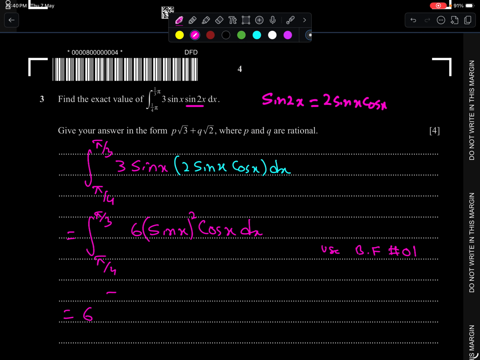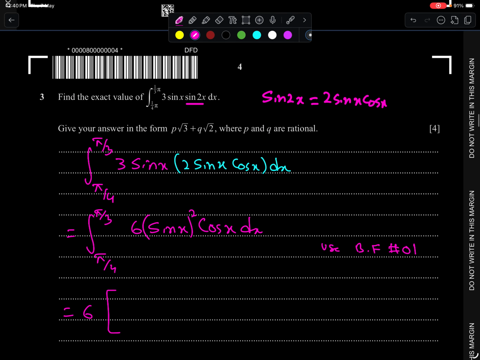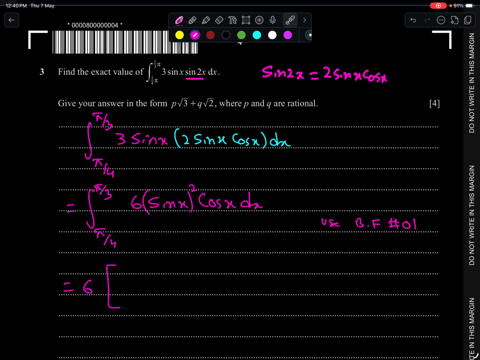You can bring 6 outside the integral to make integration simple. According to the basic formula, this is the function and its differential is here. If you differentiate sine x mentally, you will get cos x. So we have the complete differential. Nothing is missing in this differential. So according to basic formula 1, copy this.